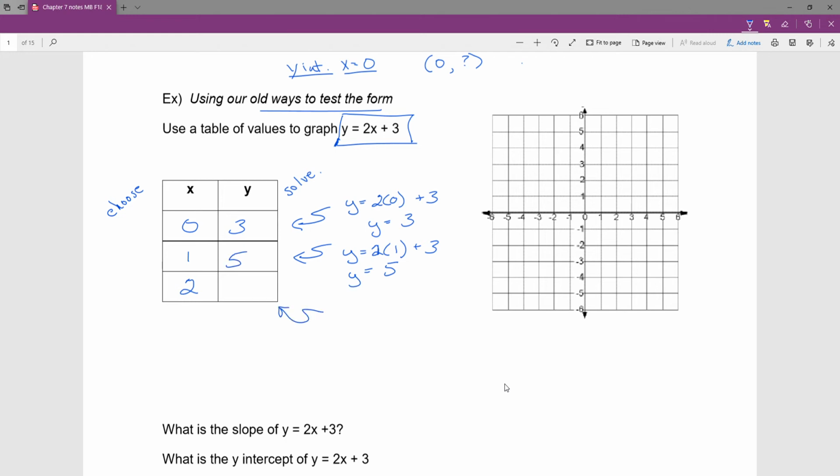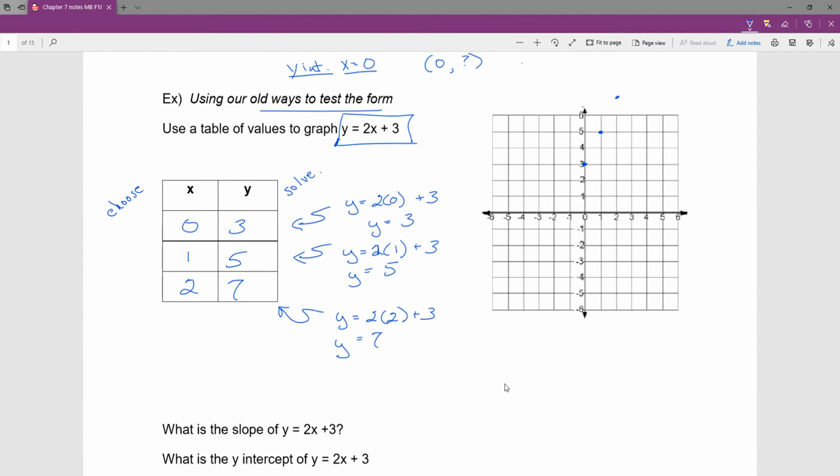And the third point, just as backup here, 2 would actually do it. A 2 where I see an x and solve for y. So I get these three ordered pairs that I can read out of my table and put on the graph. So x being 0, y being 3, x being 1, y being 5, and x being 2, and it's off, but at least backs up my concept here.